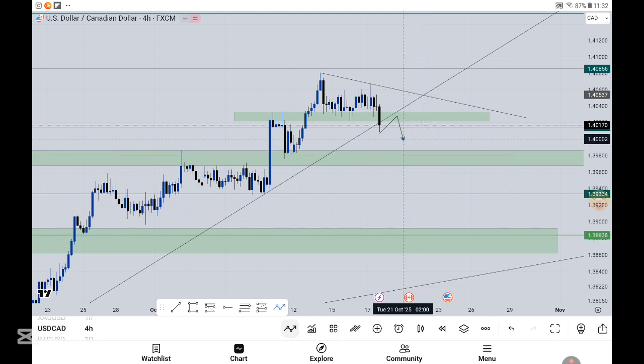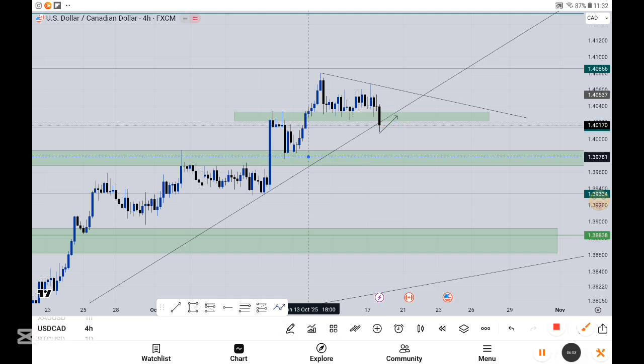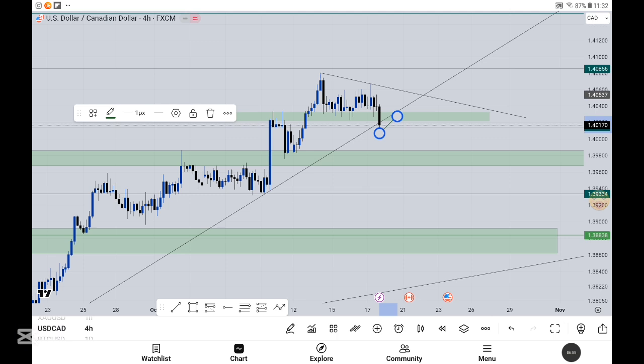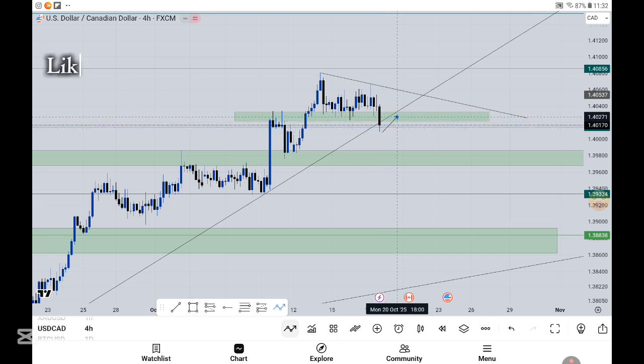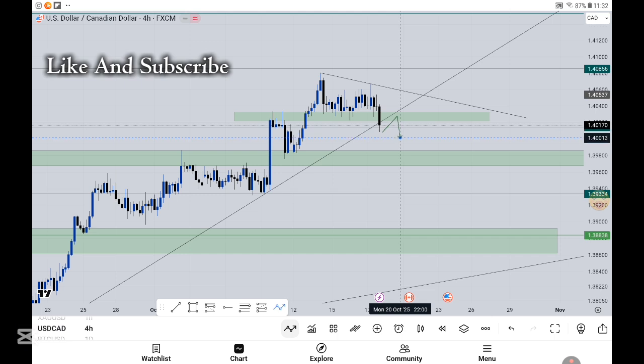So you can definitely short this market from here if this level holds. Guys, I want you to get this right. That's why I'm putting more emphasis on this analysis. If this trend line breaks and holds, then we wait for a retest here before we start seeing the push to the downside.